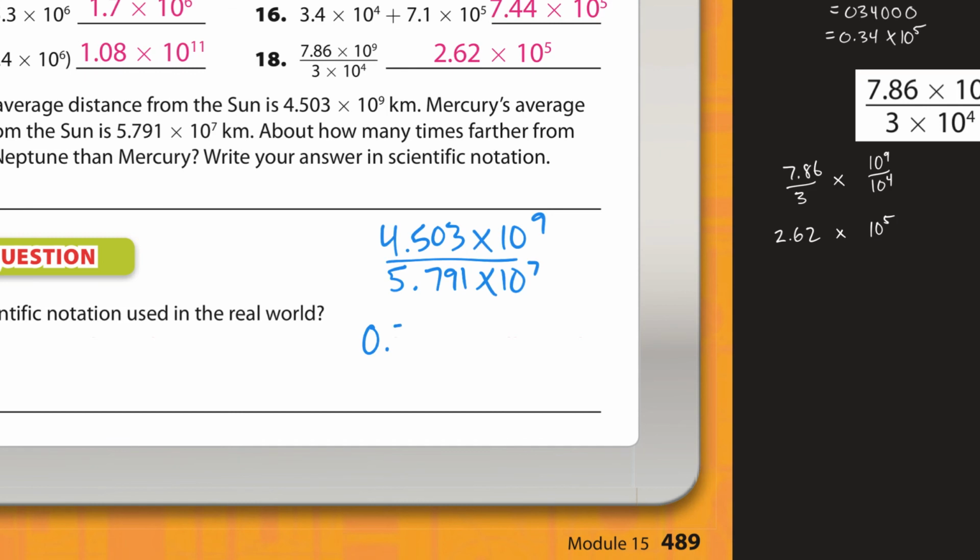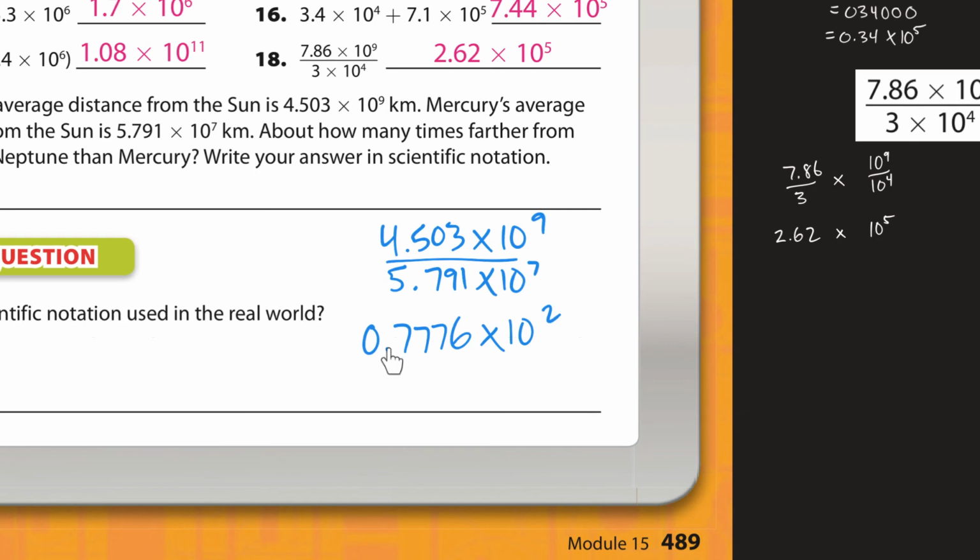It's 0.7775, actually 0.7776. Okay, times 10 to the 2nd power. Now, if I have this, I need to move the decimal one time over here to make a number between 1 and 10, because right now it's 0.7, smaller than 1. But if I move it this way, then this has to decrease by 1.